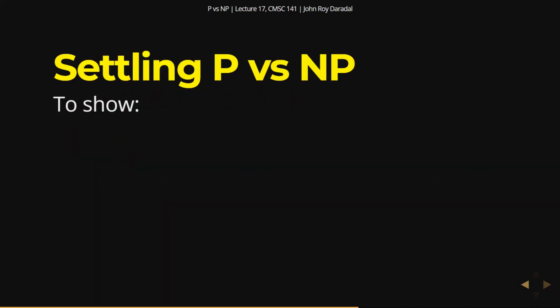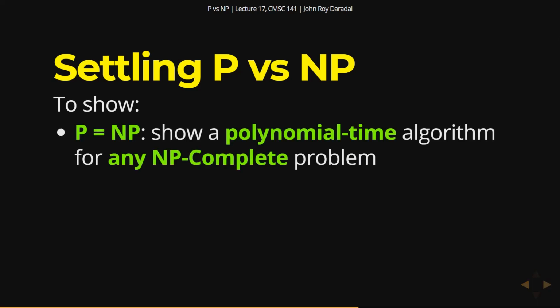So if you were interested in trying to prove one of the sides, like P is equal to NP or P is not equal to NP, how do you settle it? How do you show that one side is valid or the other side is valid? If you wanted to show that P is equal to NP, then you only need to come up with a polynomial time algorithm for any NP-complete problem that works for all inputs.